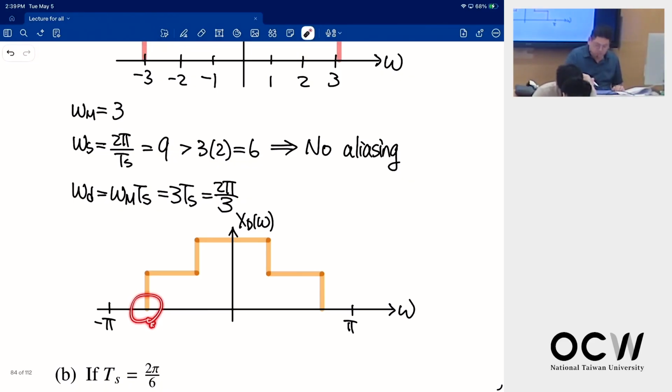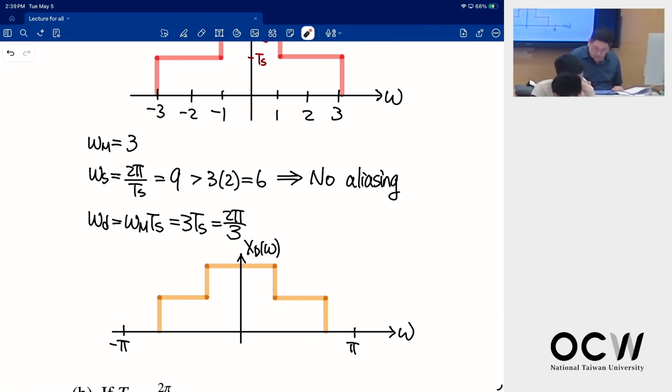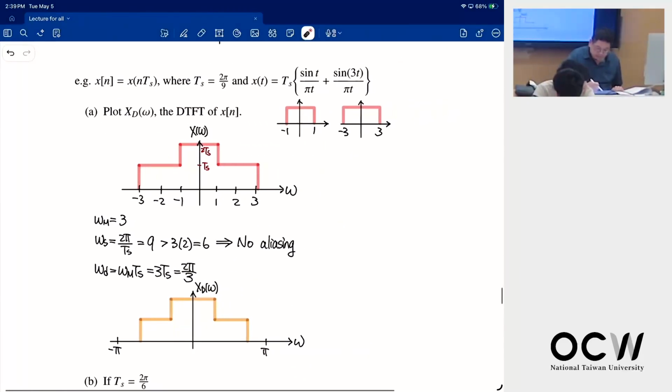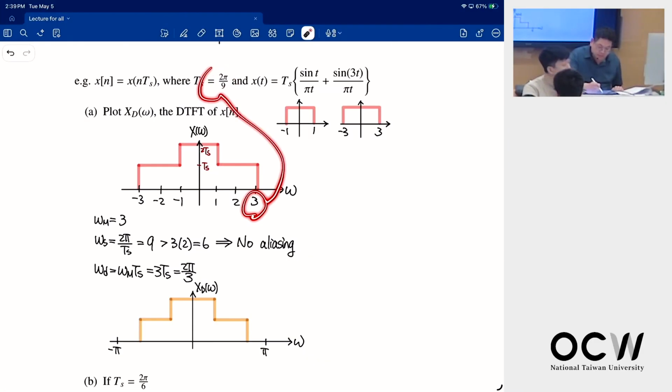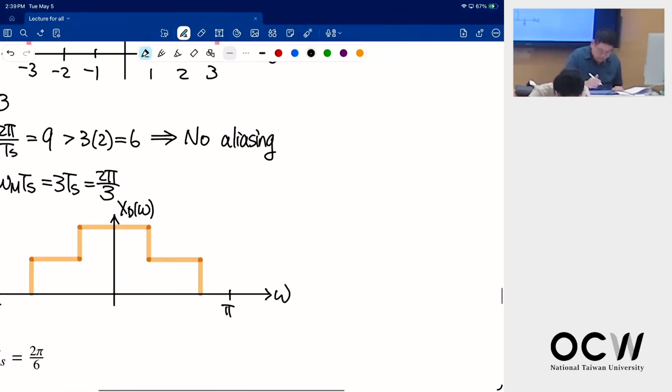How much is here? Our Ts is 2π over 9, right? So 3 times 2π over 9 will be 2π over 3.